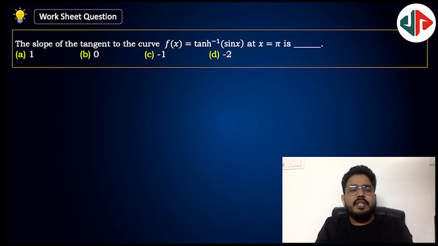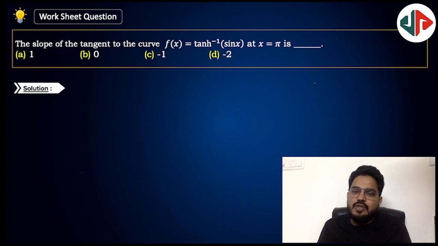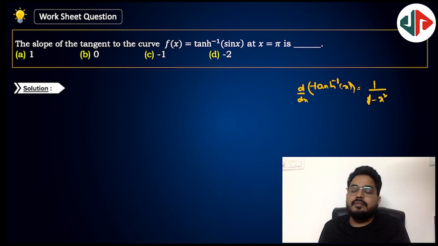The slope of the tangent to the curve y is equal to tanh inverse of... So the derivative of tanh inverse of x is 1 by root of 1 minus x square.